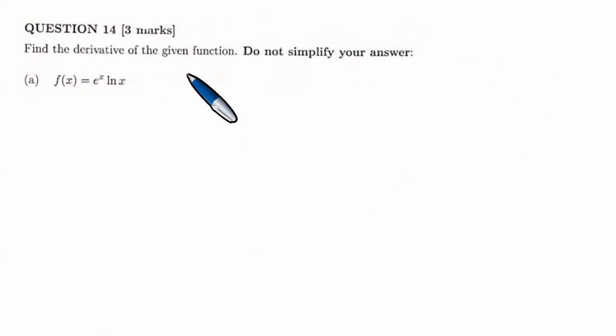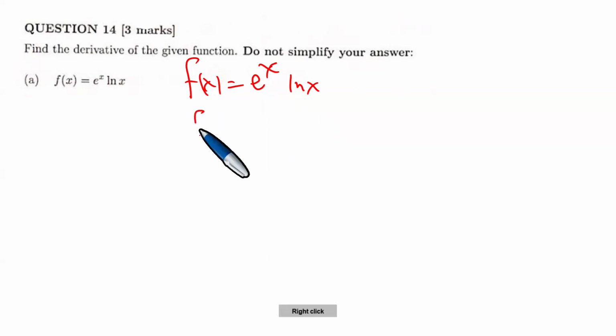F of x is e to the power x ln x. Find the derivative of the given function. I know this one you can do with so much ease. The derivative of this particular function is by the product rule.